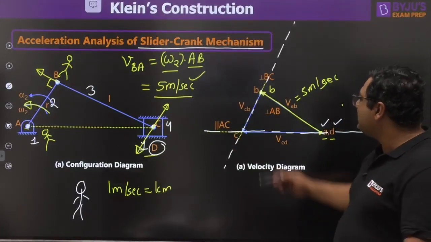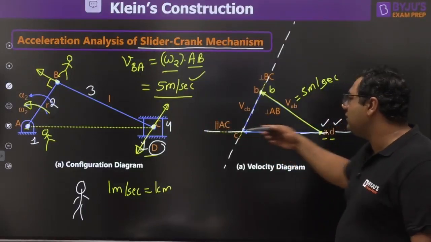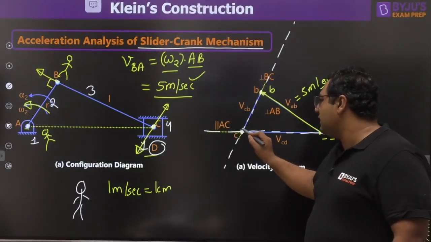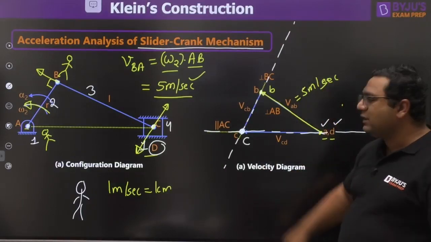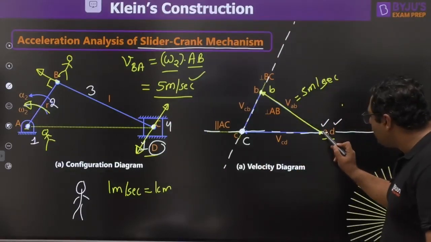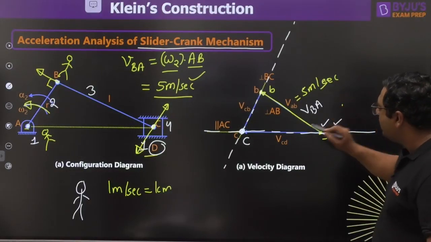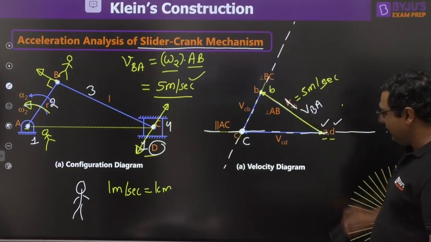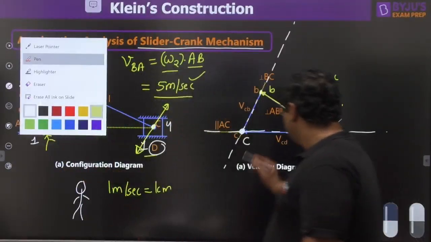Previously you were saying that this line will consist of C. Now you are saying this line will consist of C. So C will be the intersection of both the lines. This is C. So this is how we have plotted this diagram. And like this, velocity A to B is giving us the velocity of B with respect to A. I will write it as VBA. And guys, we can also write this.